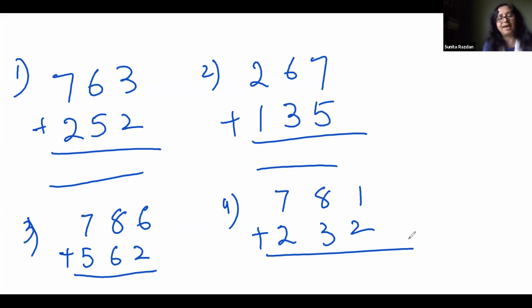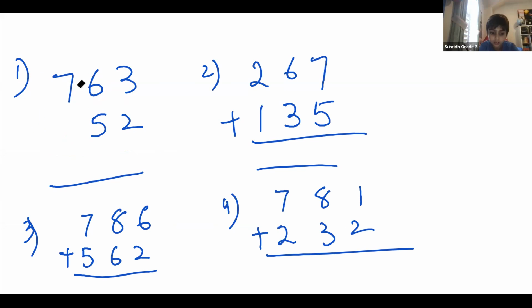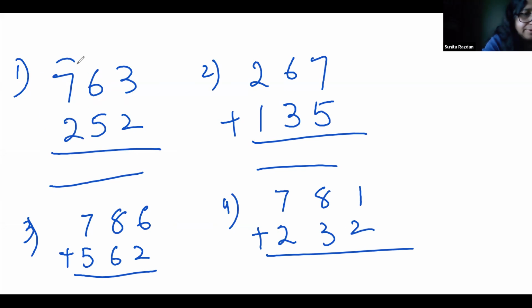Put the answer in chat. Let's see how fast we can do it. So start doing from here to here. When you look at this, think about, is there a carry coming from here? Then, so first I will do 7 plus 2 is 9, but yes, there is a carry. So it should be 10, then it is 1 and 5.